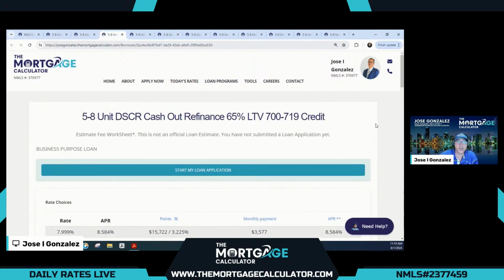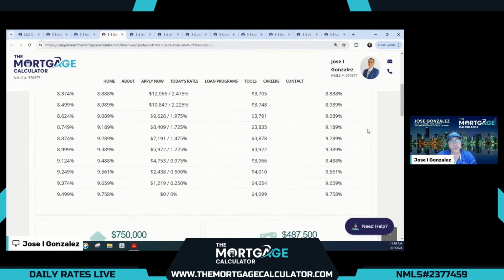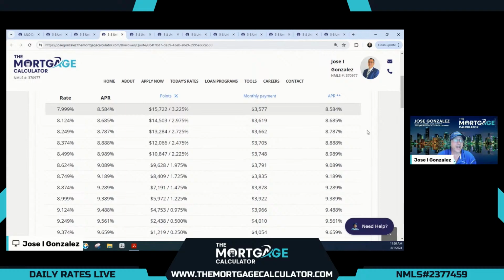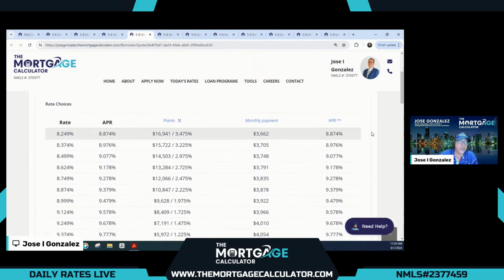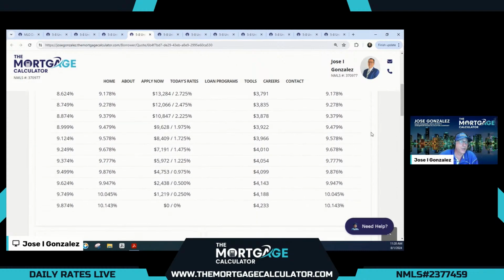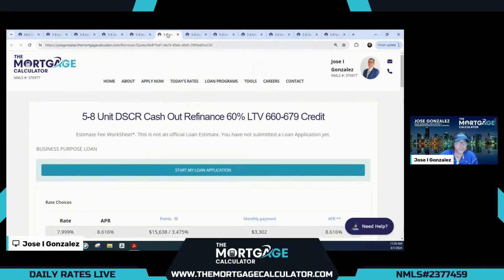At a 700 credit score, we are now at 65% LTV, 9.499 lowest cost option, and 7.999 lowest rate option. And our 680 to 699 credit score option, still 65%. That's great news. 9.874 is at par, and 8.249 is our lowest rate option.